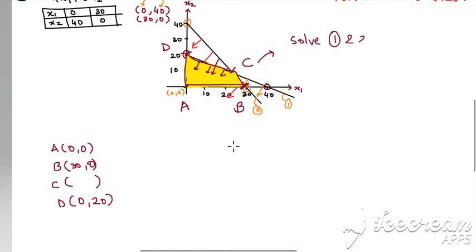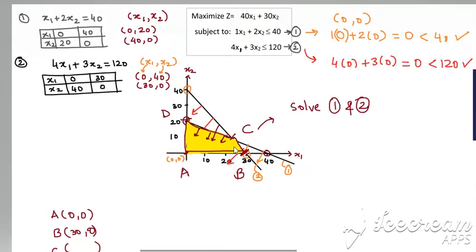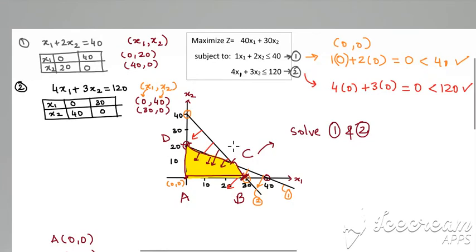Now to find point C, we have to solve constraints 1 and 2 because point C is the point of intersection of 1 and 2. So what is 1? 1 is x1 plus 2x2 is equal to 40. 2 is 4x1 plus 3x2 is equal to 120. We solve these linear equations by the method that we studied before.